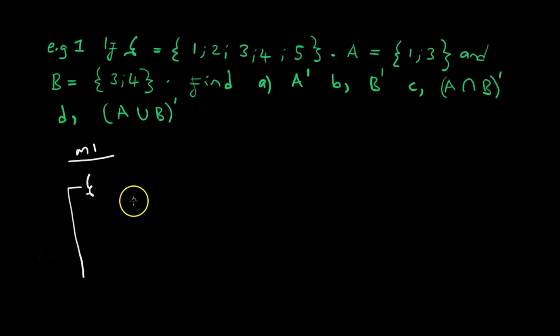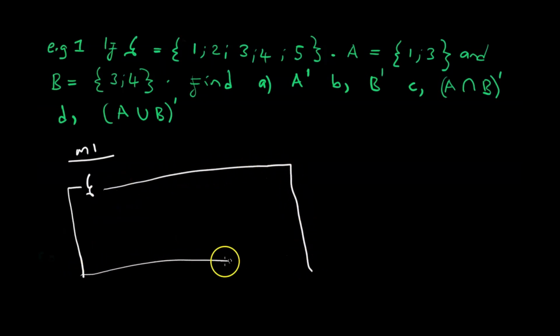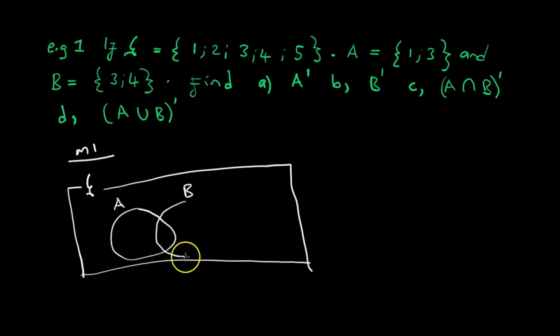Our universal set. Then we talk of A and B. We see kuti patorne intersection gap like this. Then total is A ine 1, 3, B ine 3, 4.